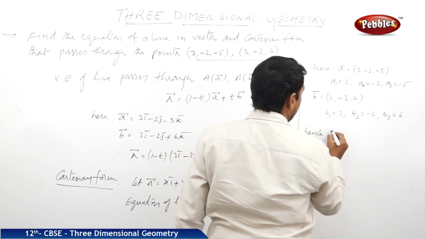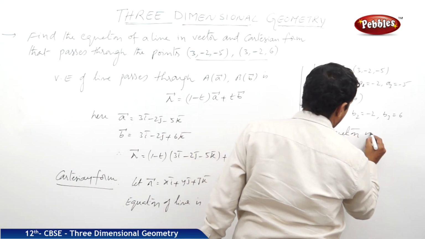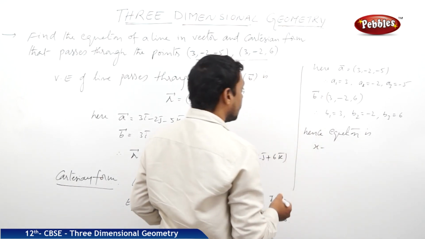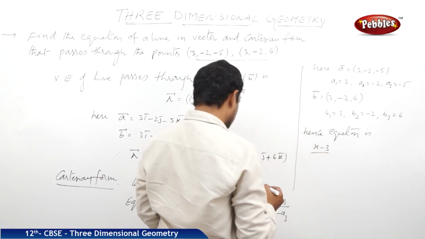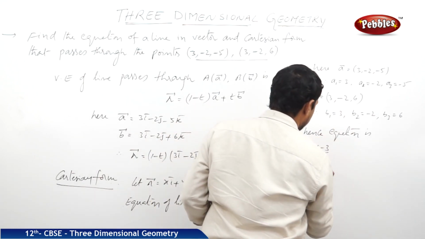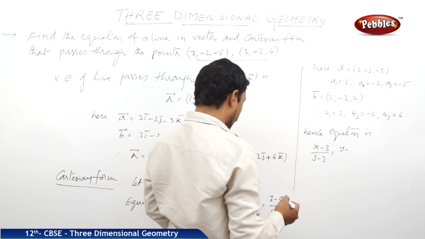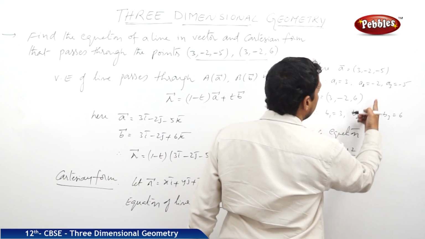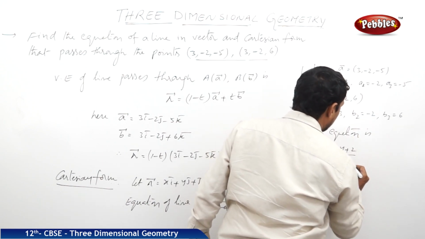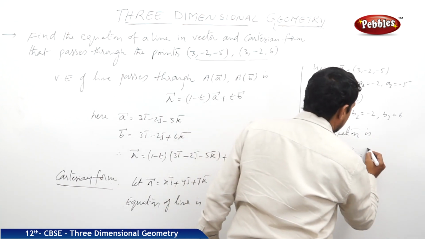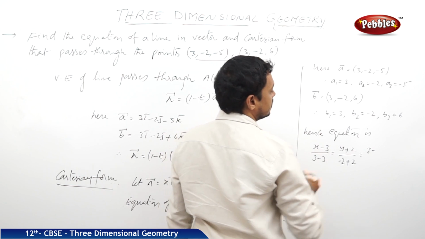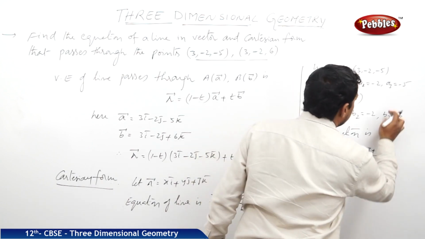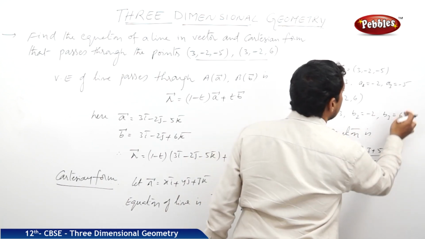Hence, the equation of the line in Cartesian form is x minus a1, that is 3, by b1 minus a1, 3 minus 3, is equal to y minus a2, y minus of minus 2, that is y plus 2, by b2 minus a2, minus 2 minus of minus 2, is equal to z minus a3, that is z minus of minus 5, by b3 minus a3, 6 minus of minus 5.